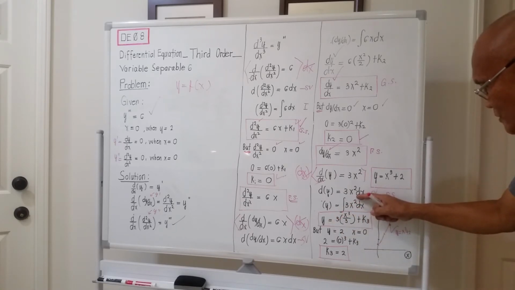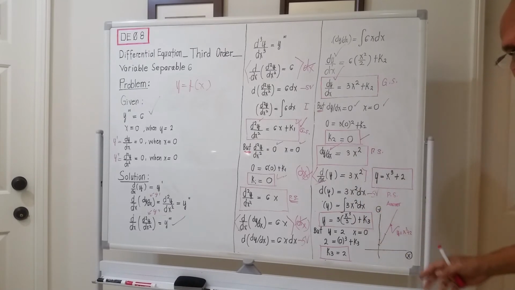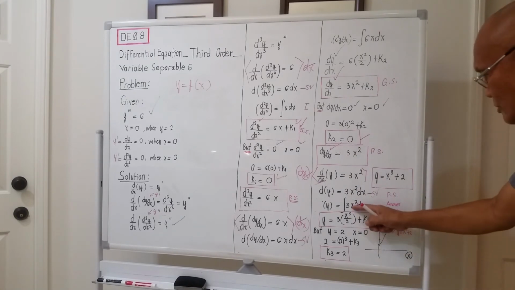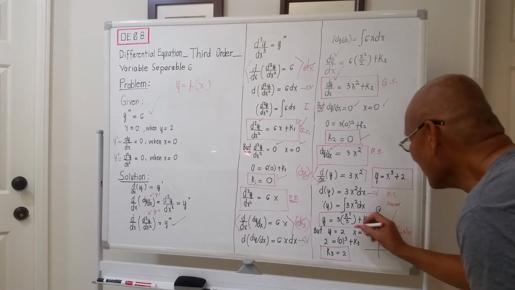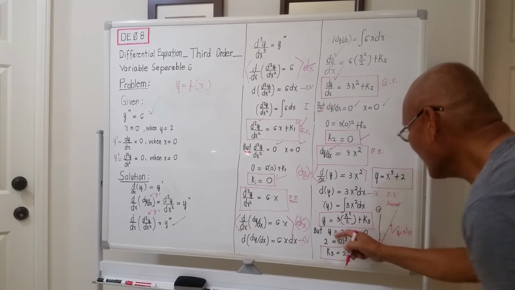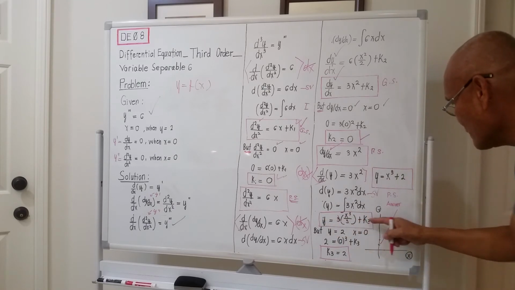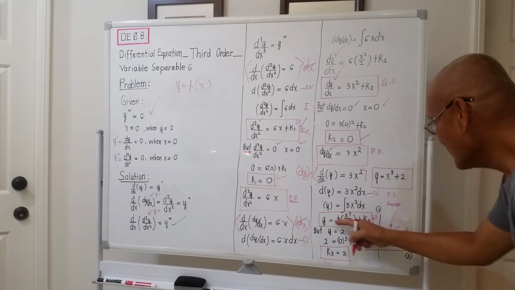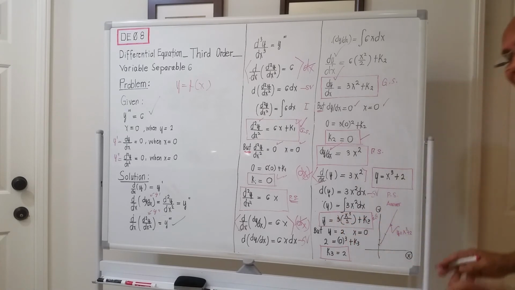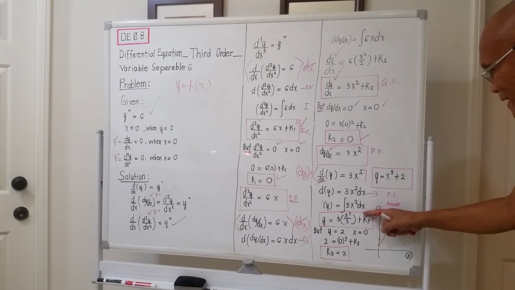The integral of x squared dx, it is under the power formula, guys, will be x cubed over 3 plus k3. Or actually, this cancels, so y is equal to x cubed plus k3. This is now the general solution for y. General solution. We do not know the value of k3 for the meantime.